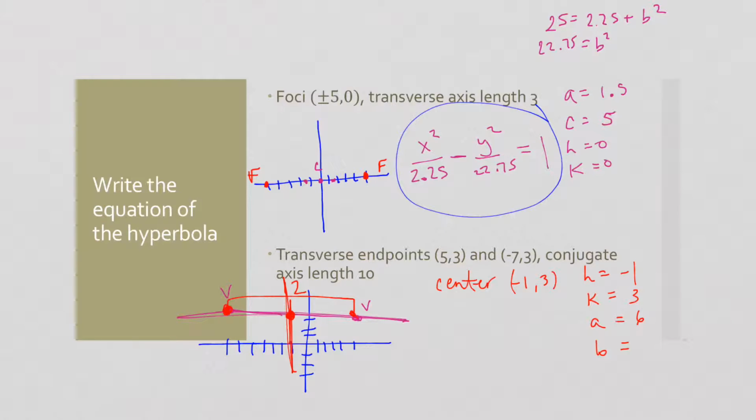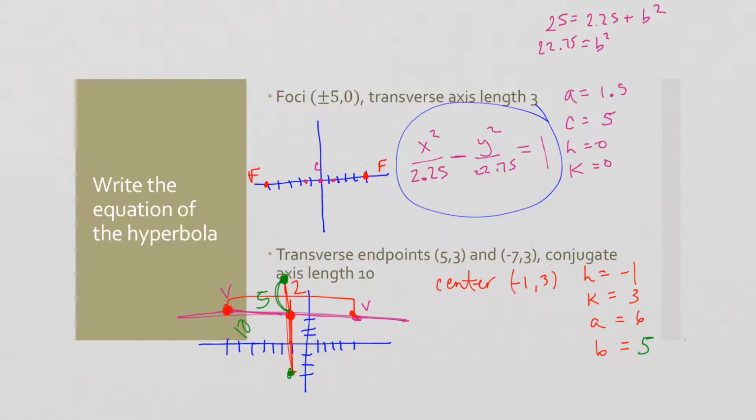Now, the other information they give us is the conjugate axis length is 10. So the distance from here to here has to be 10. Well, half of that makes it 5. This distance is 5. So that tells us our B. B is 5.